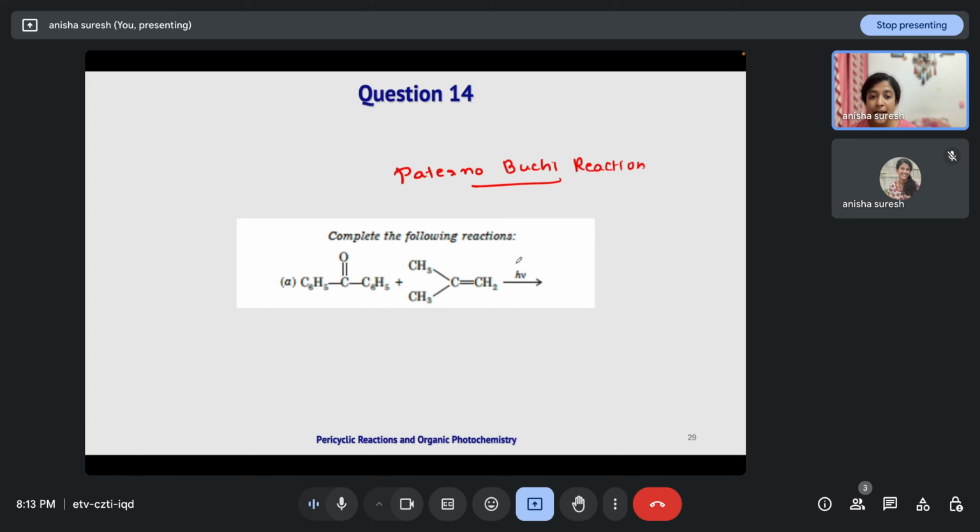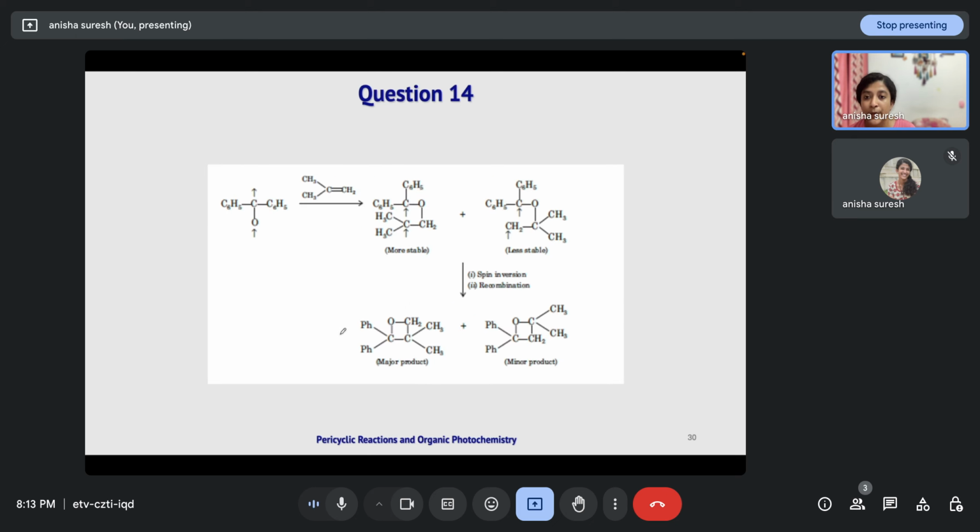Under photochemical condition, this carbonyl will excite, leading to formation of CO radical and carbon radical, as you can see here. So this is the radicals. So this radical can react with this alkene, leading to formation of two regioisomers. Okay, like the C6H5 CO dot C6H5.